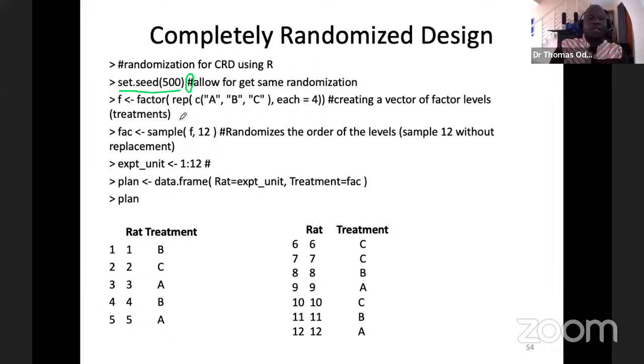Okay. So what we are doing here is creating a vector called F, and we're going to make it a factor, because a factor categorizes. So you either belong to group A, group B, or group C. This is going to be very important, especially when you do analysis of variance, where you need factors.